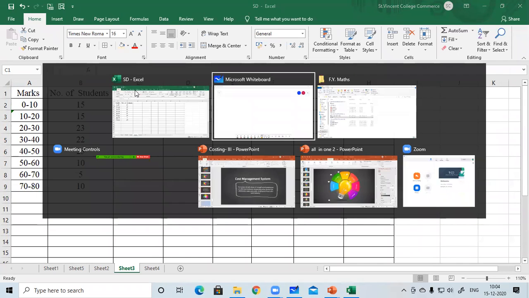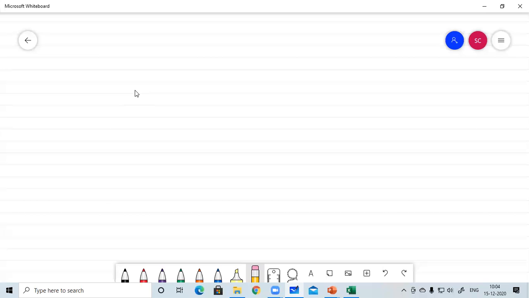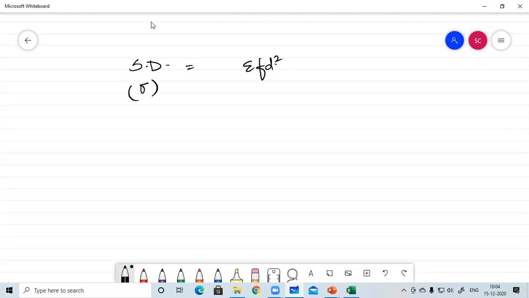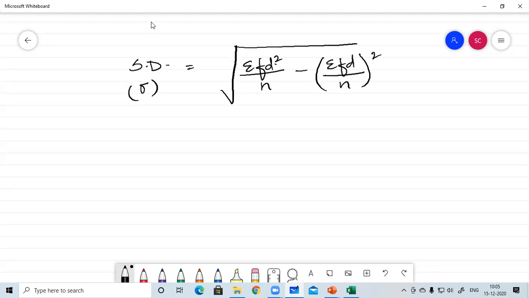As I said, when you're doing standard deviation, the formula for grouped data is SD is equal to the square root of sigma fd square upon n minus the square of sigma fd upon n, into h.